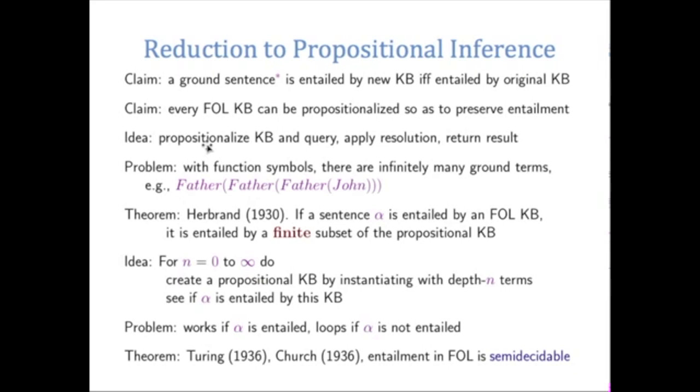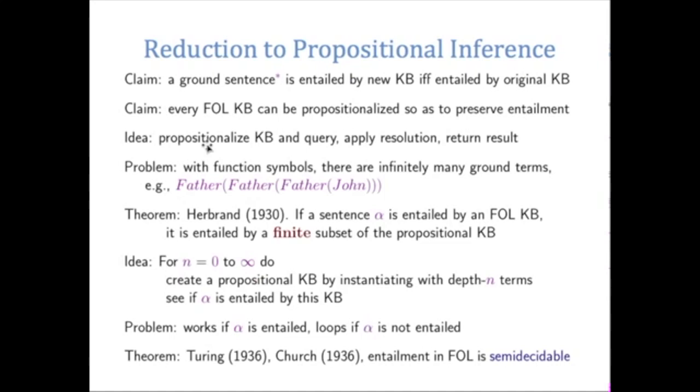And each time we see that alpha is entailed by this knowledge base. And basically, there's a kind of recursive proof that this works. Now, the problem is that this proof works if, in fact, alpha is entailed by the knowledge base.